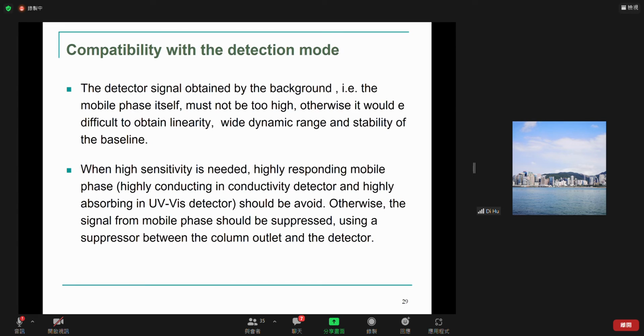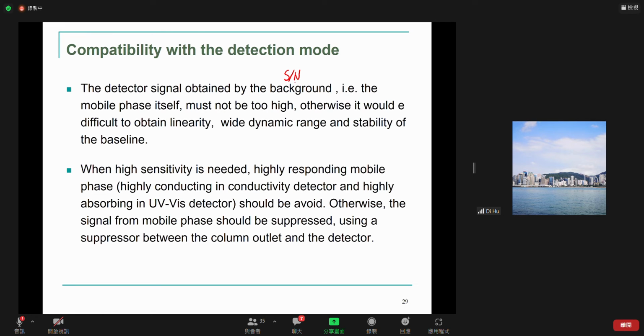Okay, so the first one, the most important one, is compatibility with detection mode. The detector signal obtained from the background, that is the mobile phase itself, must not be too high. Otherwise, that will influence the signal-to-noise ratio.